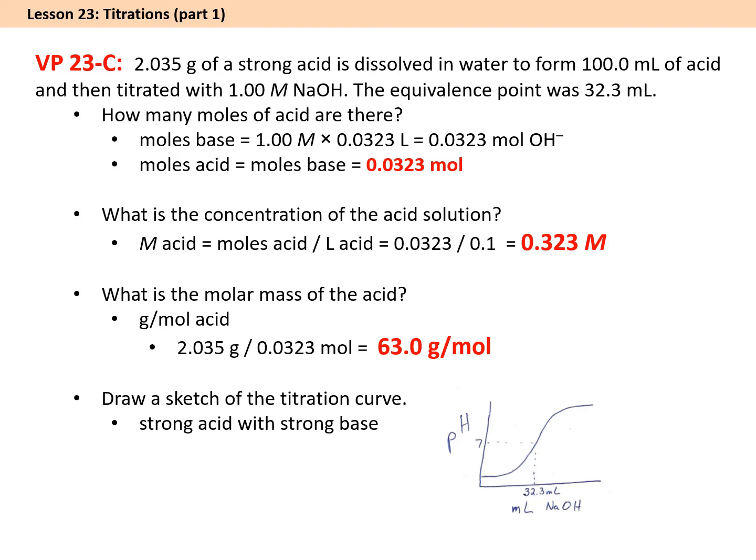The first thing I have to do is I need to realize that, hey, my titration curve tells me where moles acid equals moles base. So I had enough information to find moles base, so I used that to find moles acid. Okay. Then I figured out the concentration and the molar mass. All right, that'll do it.